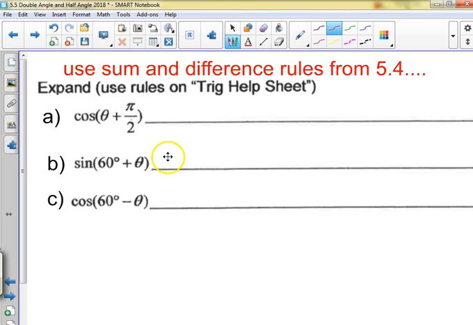So if you expand this, you will have sine 60 cosine theta plus, am I doing this right? Somebody check me. 60 sine of theta, okay? Equals, now plug in the values for me. What's the sine at 60?